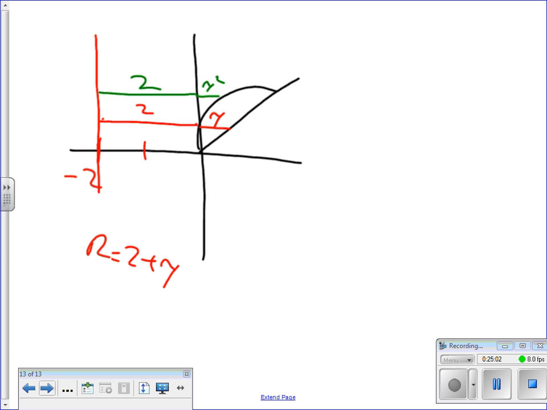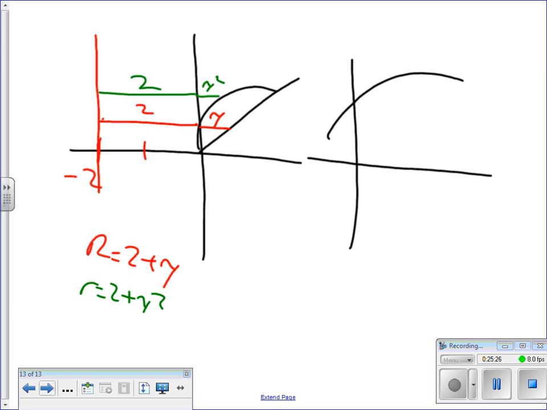This is why drawing a line is important, because there's a big difference between those two. My little r would be 2 plus y squared, or y squared plus 2. If I have two curves going like this, the difference between rotating about this line and rotating about that line is huge.